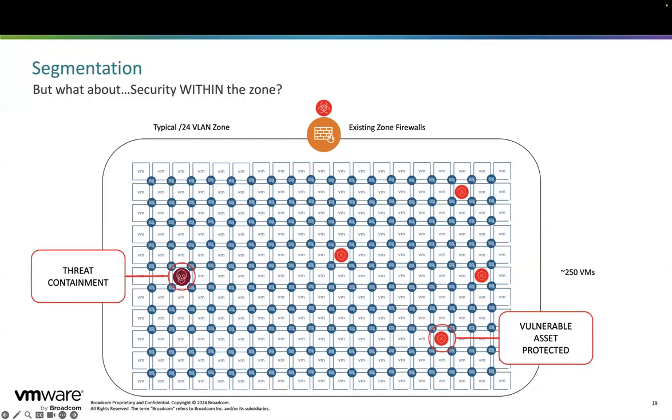And by the way, this is why I said earlier that this can complement existing security that you already have. You might have already built out zones. You might have already taken on that task of putting physical firewalls into the network and it's working. But now you want to close that gap within the zone. Now you have these two complementary solutions building a strong security posture for the organization.